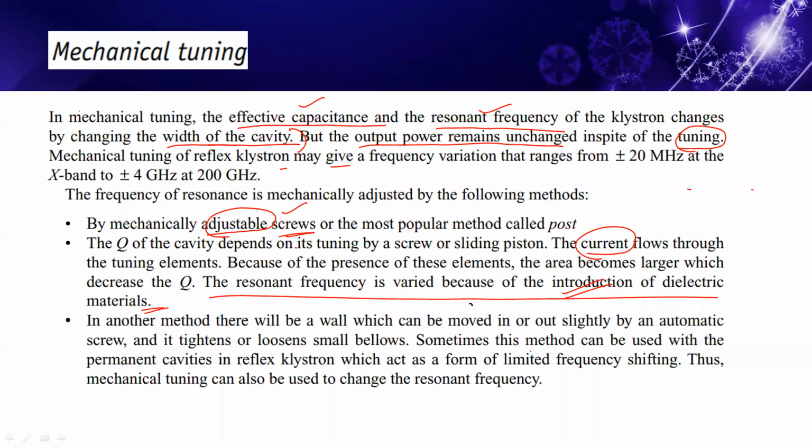That is why in the reflex klystron, it acts as a limited frequency shifting. By using this technique, we are able to calculate the mechanical tuning. This mechanical tuning can also be used to change the resonant frequency.